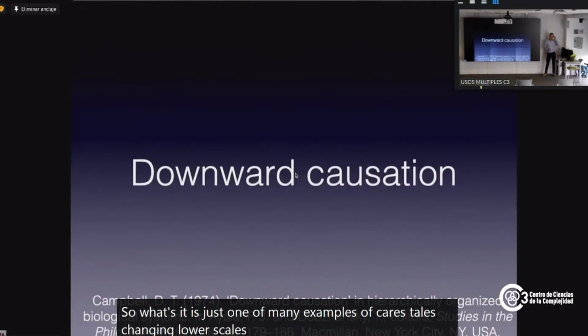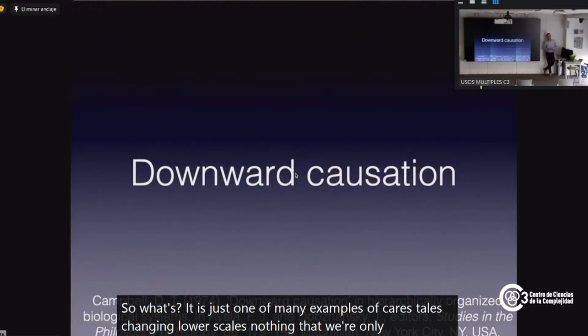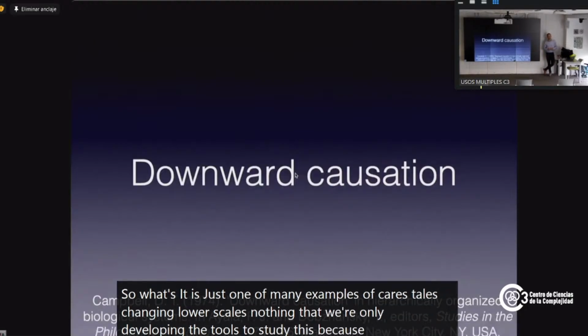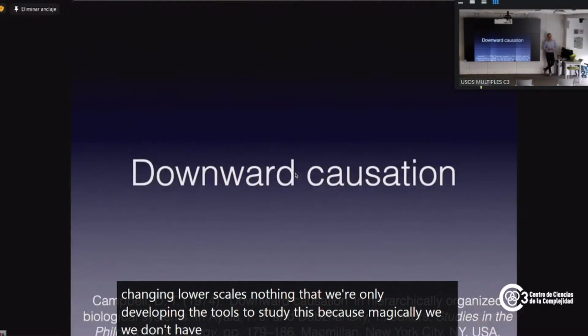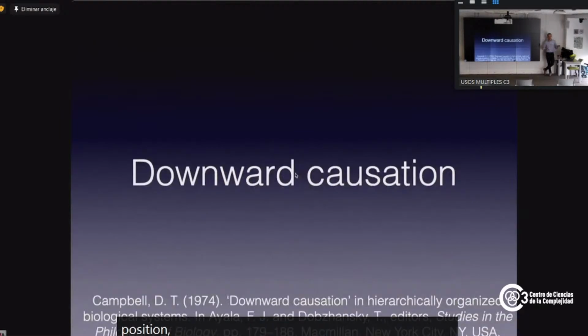And I think that we're only now developing the tools to study this, because logically we don't have the proper tools for understanding downward causation. We usually start from axioms and then develop theorems, but in our formal systems, the theorems cannot change the axioms.